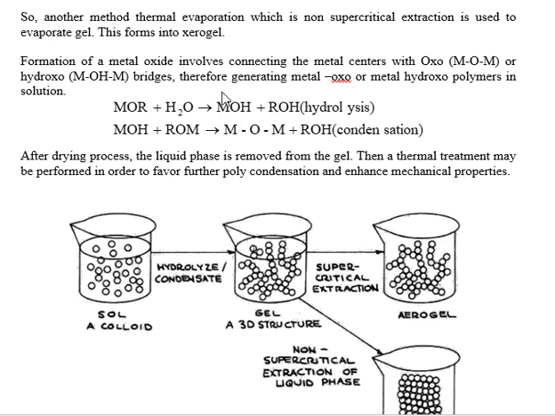So this MOH, which is the required sol, is going to react with ROM. ROM means metal alkoxide, which is going to form MOM. MOM means the metal oxide, which is the required nanomaterial.